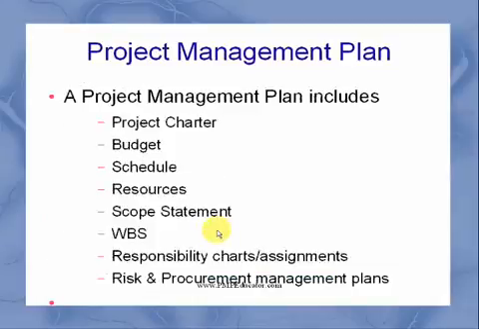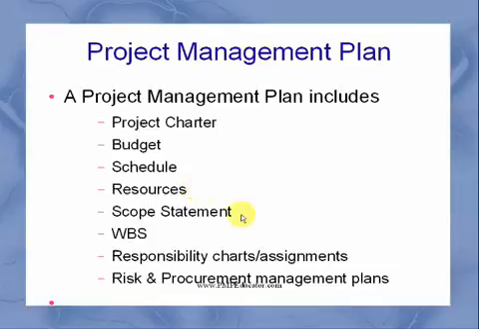The project management plan includes the project charter. You also have the scheduling information, how much time it's going to take to complete the project, and the budgeting information, what the cost of the project would be. The resources include the human resources and any other equipment you need to get the project done.